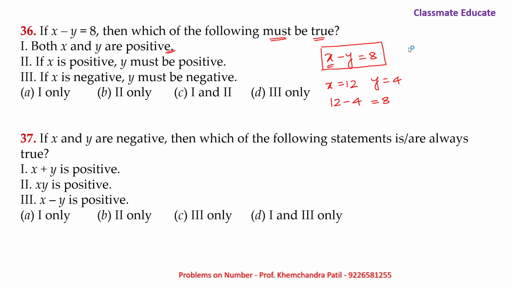If I take x's value as 2 and y's value as 4, then it will be minus 2. So about the second also we cannot say. If x is negative, then y must be negative. So in that particular case, it can be possible.